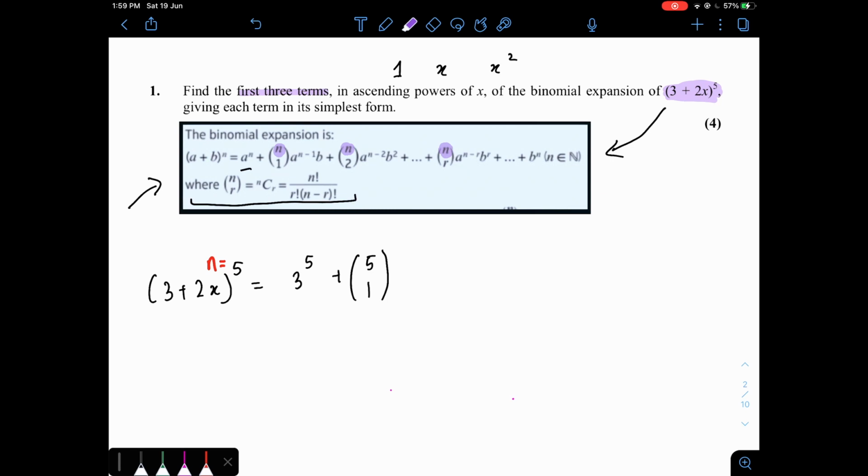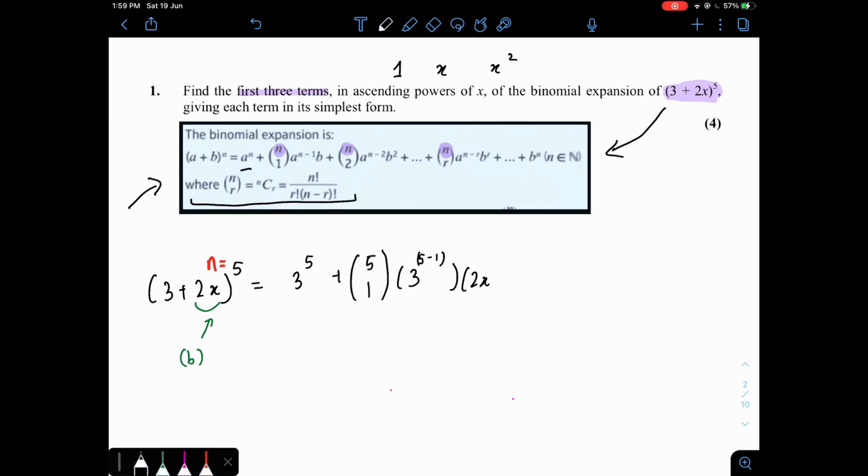So 5C1, then a to the power of n minus 1. a is our 3, so this is times 3 to the power of (5 minus 1), and we times by our b, and you can see that our b over here is 2x.